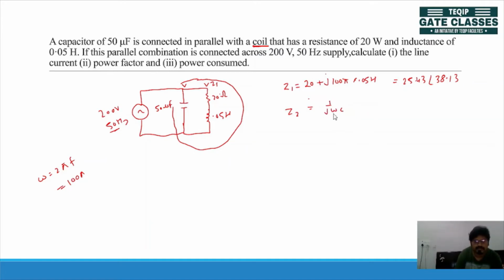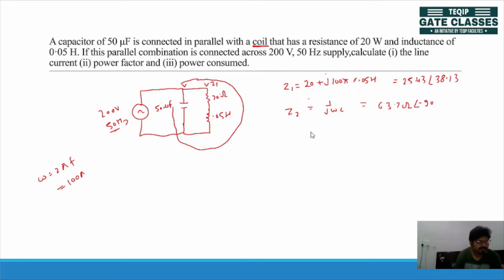If you put omega as 100 pi and your capacitor value, you'll get Z2 as 63.7 ohm, with an angle of obviously minus 90, because you'll get a minus j here.